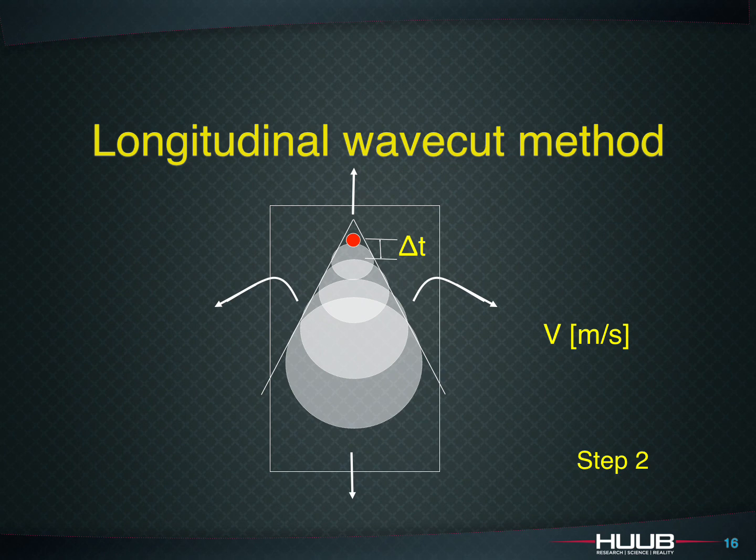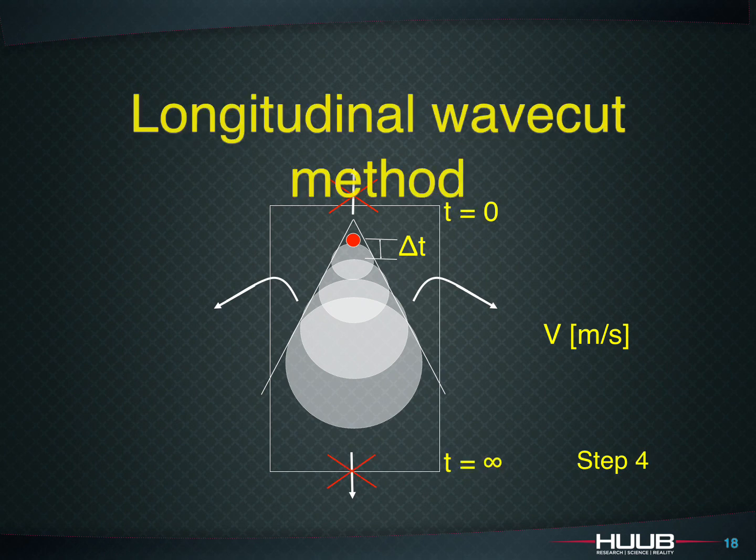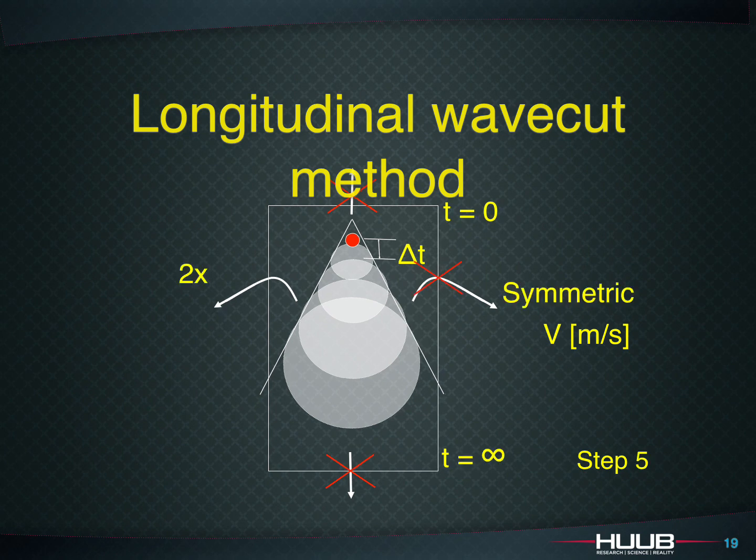So energy is only leaving at the sides. And if we assume that the waves are symmetrically formed in the center of the control volume, then we only have to measure on one side and double that value to get the total wave drag.